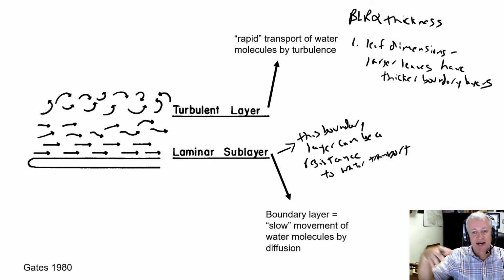And that's just because on larger leaves, there's a greater distance over which friction takes effect, and that allows a thicker boundary layer to build up.